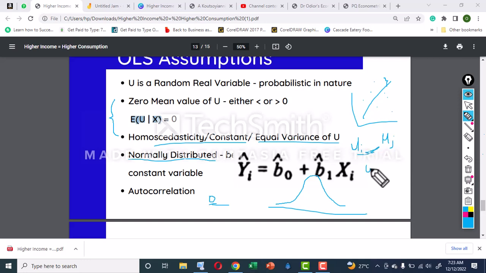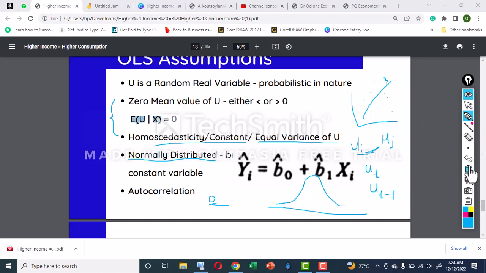If we have error term u_t and error term u_t minus 1, there shouldn't be a correlation between the two of them. If there's a correlation between the two of them, we say that they are autocorrelating. That's autocorrelation.